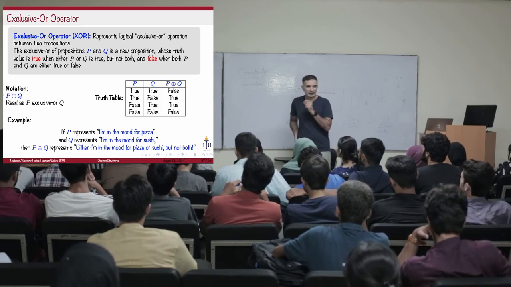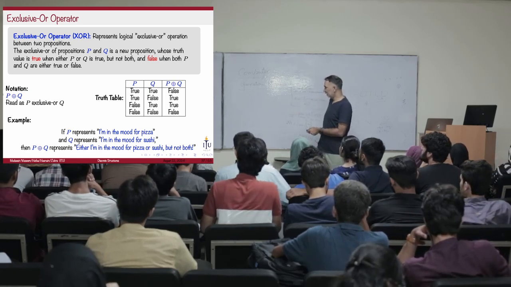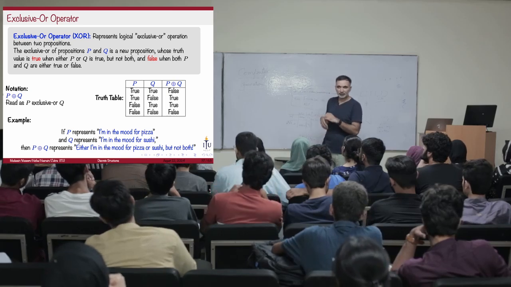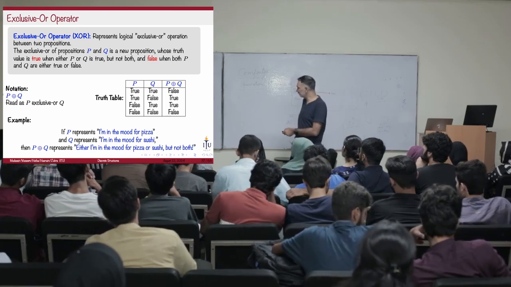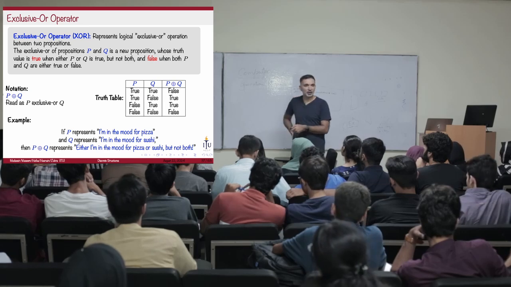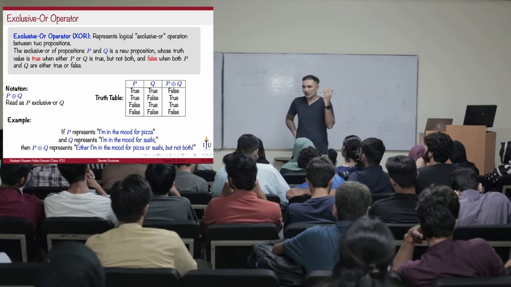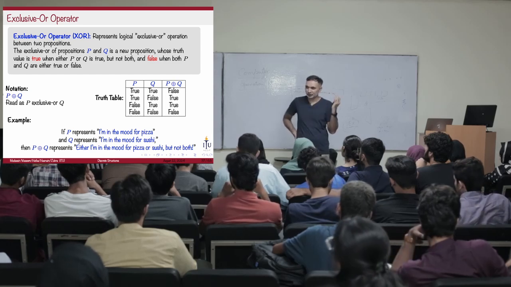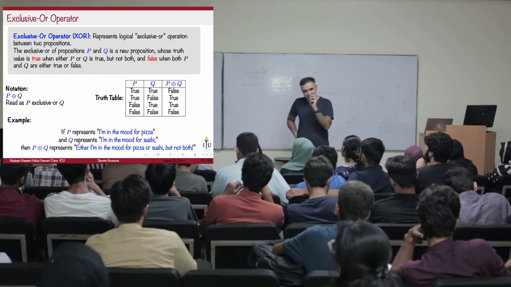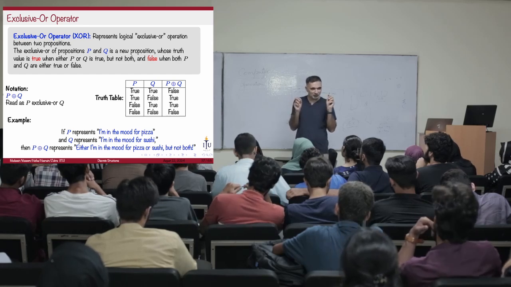If you were to say this in common language, you would not say the last part. The last part would be implied by your conversation. When I say I'm gonna go for a pizza or sushi, then it's implied in the language that I'm not gonna go for both.